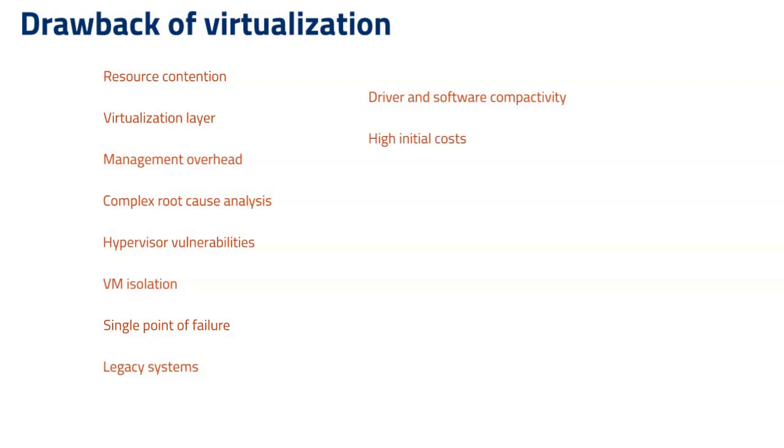Setting up a robust virtualization environment requires significant investment in hardware, software, and skilled personnel. 11. Managing licenses for multiple VMs and applications can be complex and require careful planning. 12. Incorrect licensing practices can lead to fines during vendor audits.